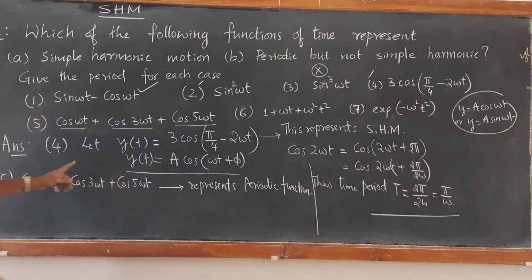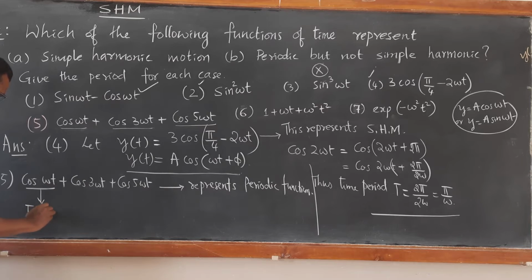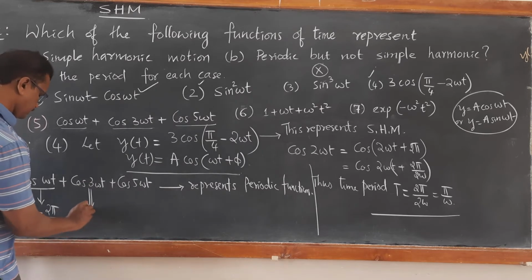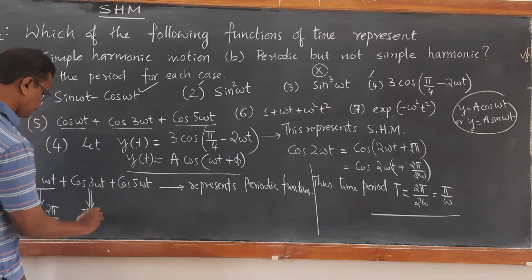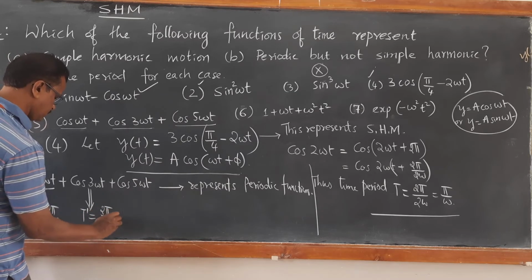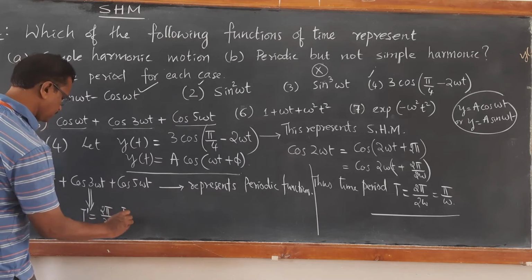If you take the time period of cos omega t as 2 pi by omega, the time period of cos 3 omega t is t dash equal to 2 pi by 3 omega, which is t naught by 3.